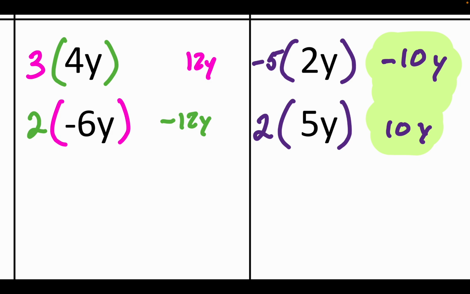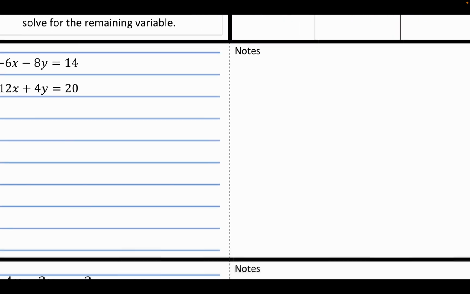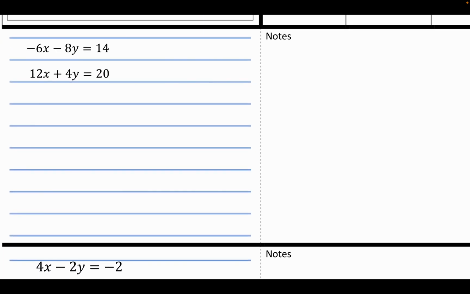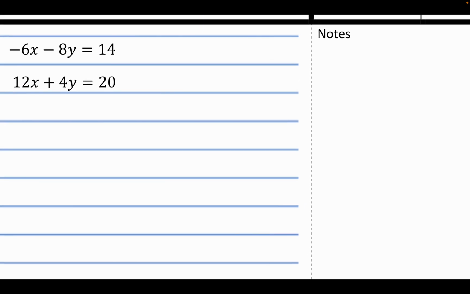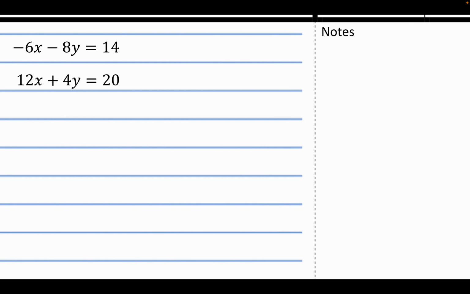So let's take this idea and bring it down to one of our actual problems. When we are solving by elimination, we have two major questions that we want to ask. Are we lined up? Is the very first question. X over X, Y over Y, equals over equals, numbers over numbers.